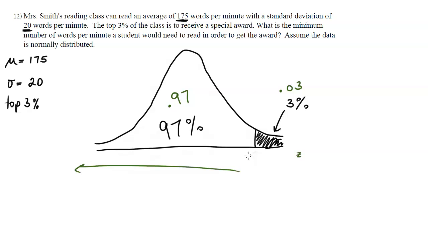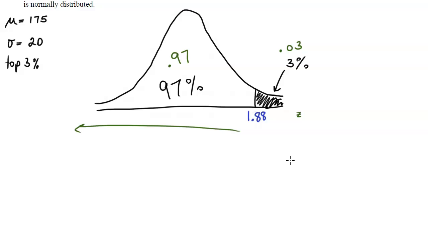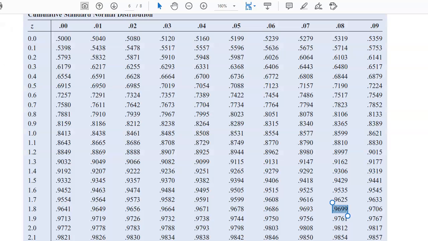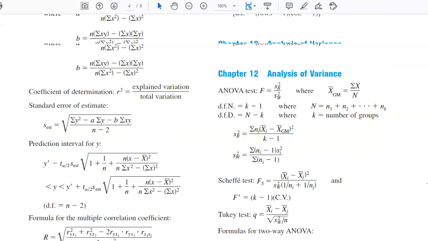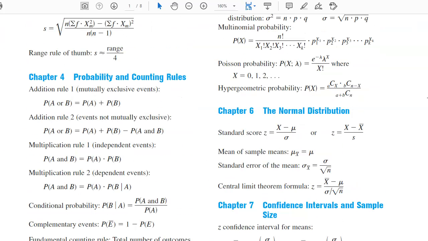So all that means is this z-value here, this is way too big. This z-value here is 1.88. That's the z-value. That doesn't mean anything to me yet, right? Because I need to solve the problem. So if I go back to my formula sheet, go to chapter 6, what formula is here? Well, they have this one, z equals x minus mu over sigma.